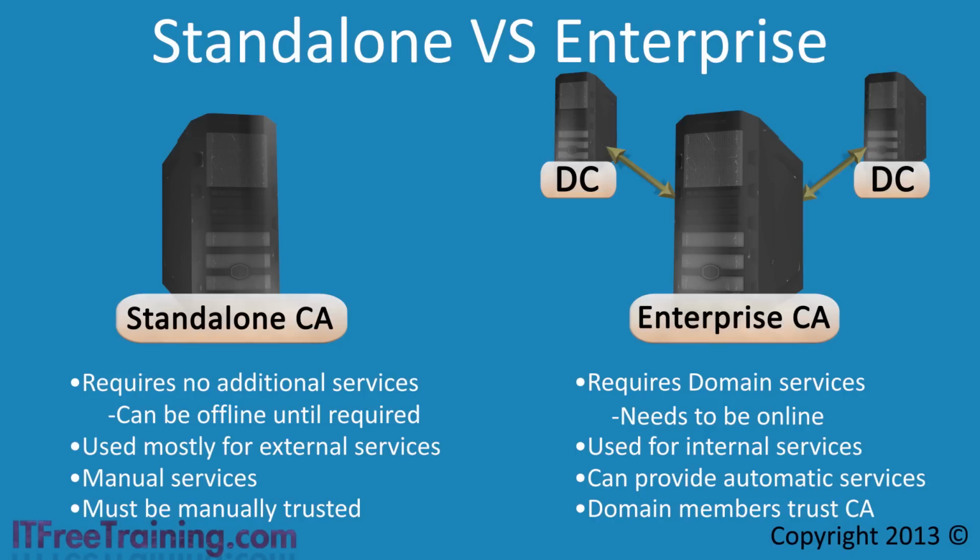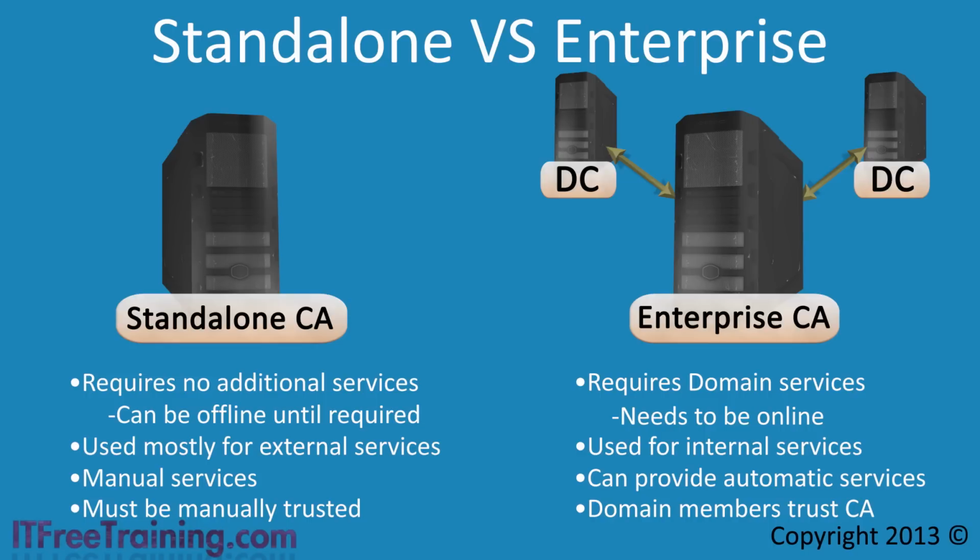This does not mean that the client receiving the certificate from the standalone CA cannot be a member of the domain. What it does mean is that since the standalone CA is not part of a domain, the domain trust model cannot be used to allow the client to automatically trust a certificate issued from the Standalone CA.